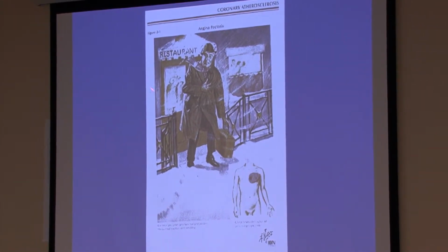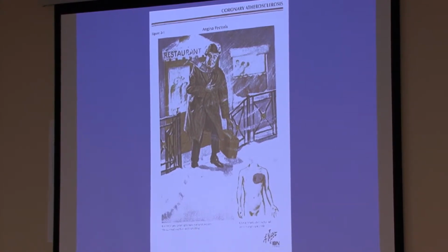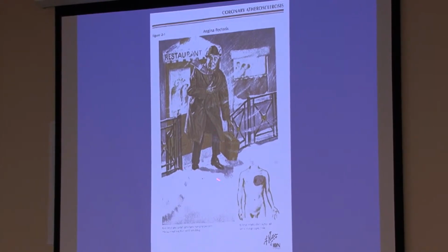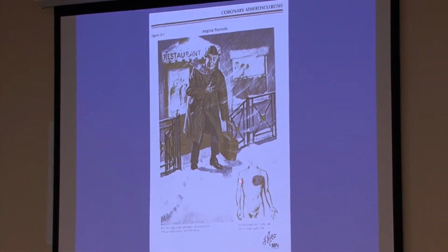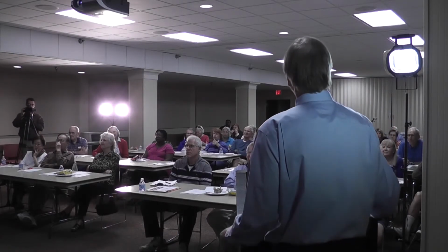This guy's coming out of a restaurant. He looks like he's been in there before. It's cold weather. He's carrying a suitcase uphill, and he's clutching at his chest because pain is occurring in the left-hand side of his chest and radiating down his arm. And if you look carefully, it's caused him to drop his cigarette right down here. So that kind of encapsulates all of the risk factors.